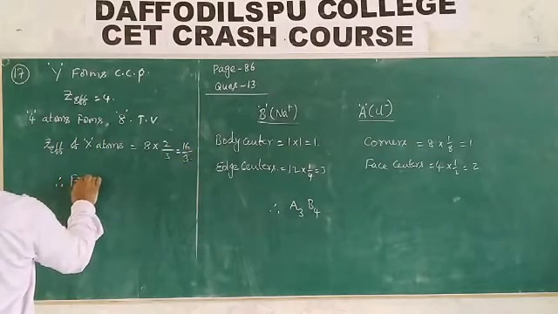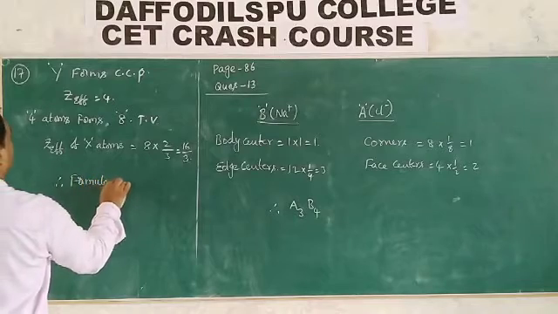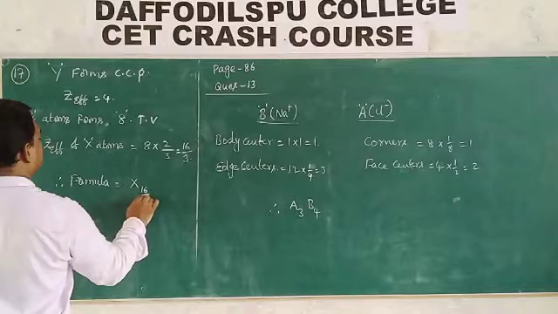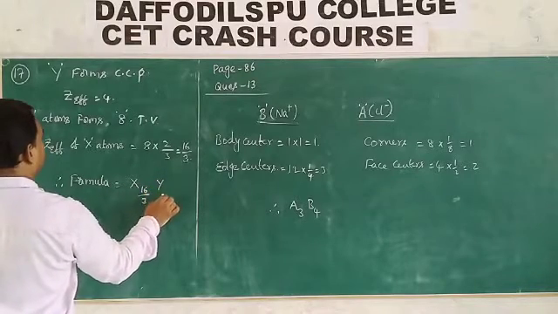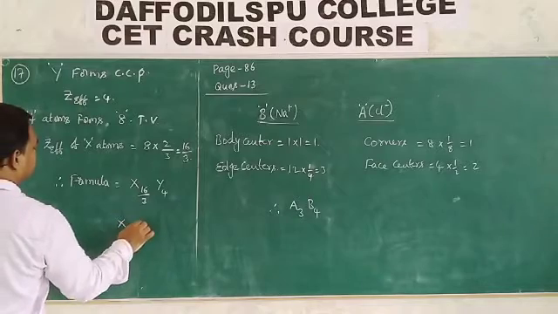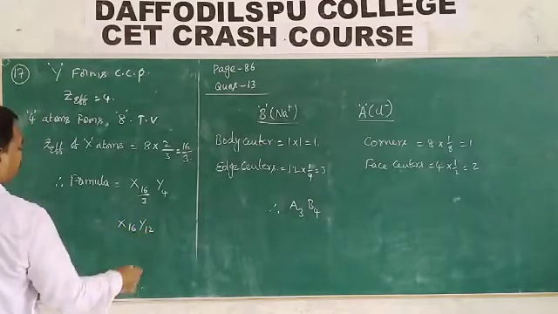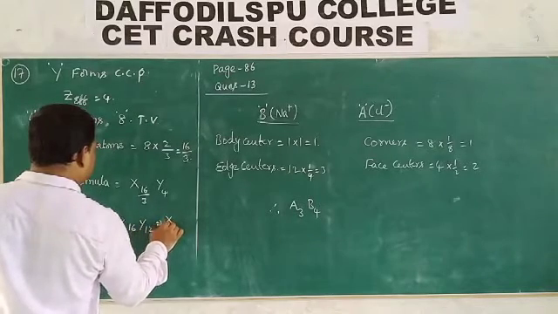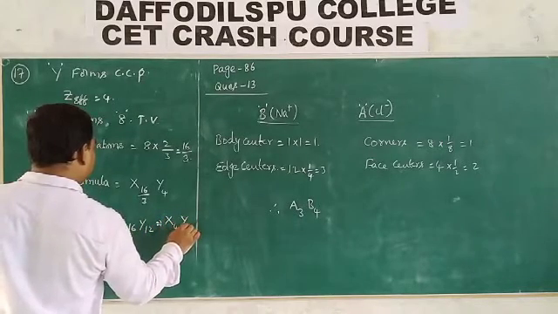Therefore, the formula is X 16 by 3, Y 4. So X16 Y12, which becomes X4 Y3.